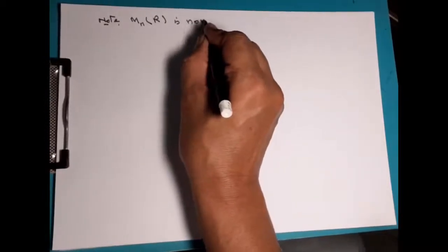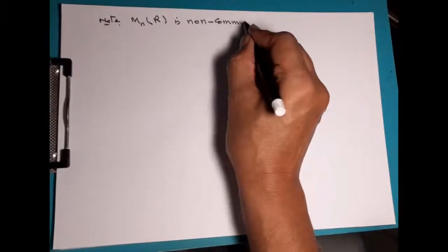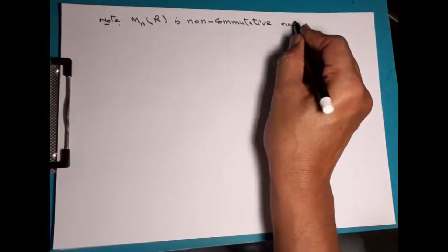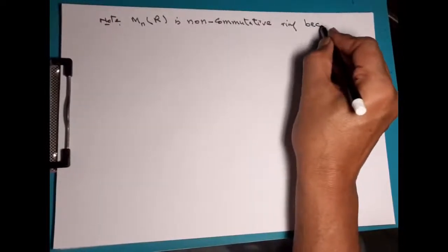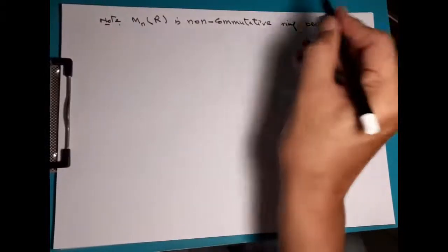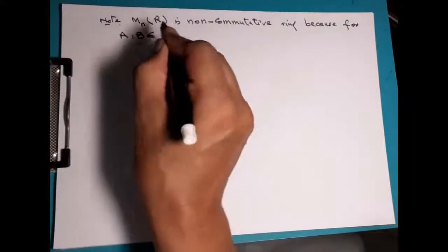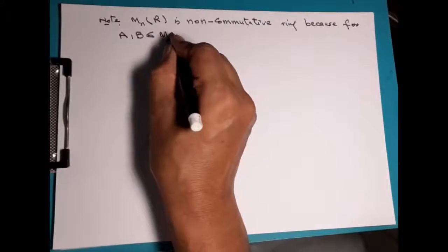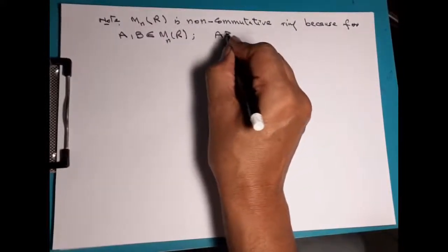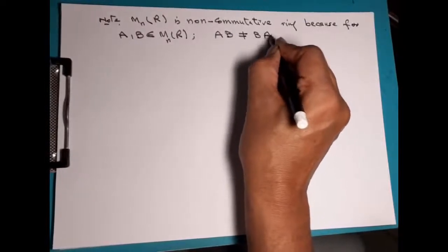This is not a commutative ring, this is a non-commutative ring, and you know the reason, because for two matrices A and B belonging to M_n(R), A multiplied with B is not equal to B multiplied with A in general.